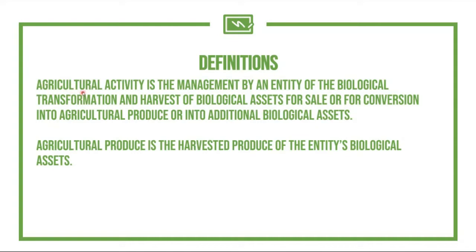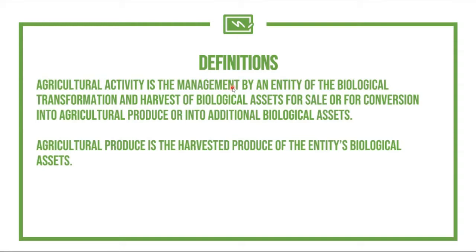So the key term for agricultural activity is the management by an entity. Meaning, although we will be discussing this later on, if there is no particular entity that manages a particular biological transformation, then it is not considered to be agriculture.